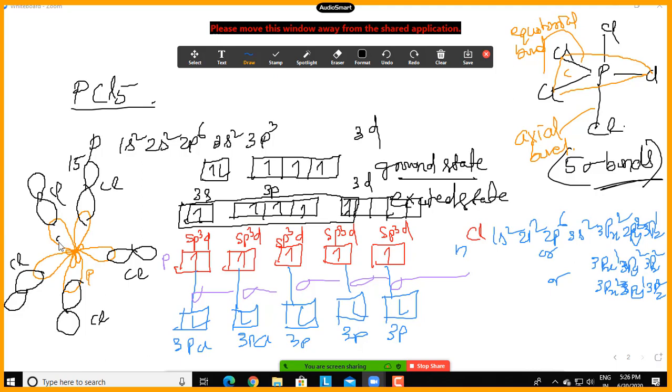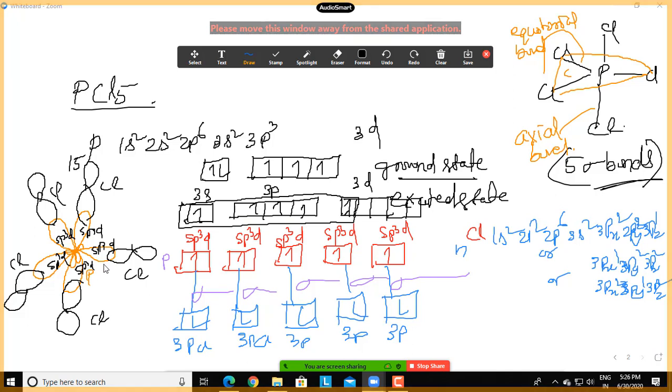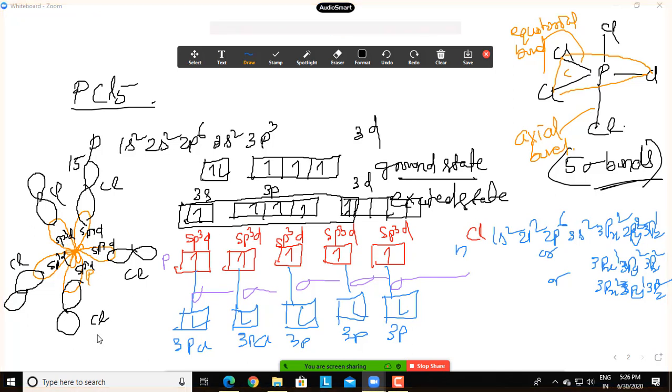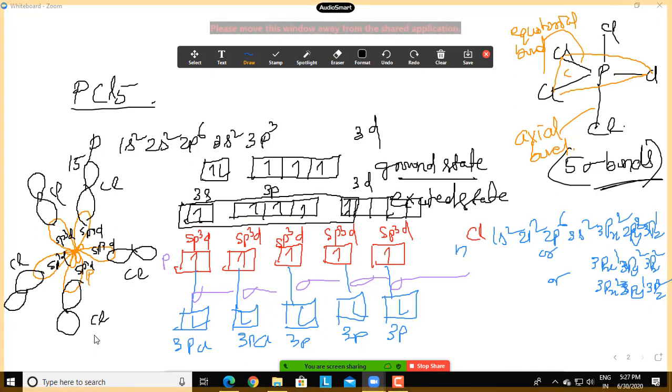So this is sp3d, sp3d, sp3d, sp3d, and sp3d, and these are chlorine overlaps. Is that clear? Formation of PCl5 done or not?